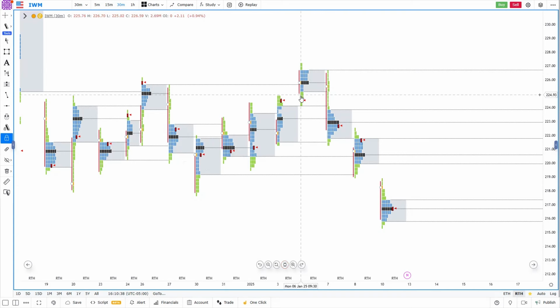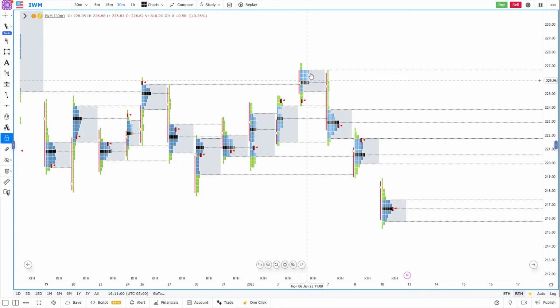So on this day, January 6th, the value of IWM is between 226.72 and let's say 225.16. Anything between that is what we consider value. IWM is valued at that price.